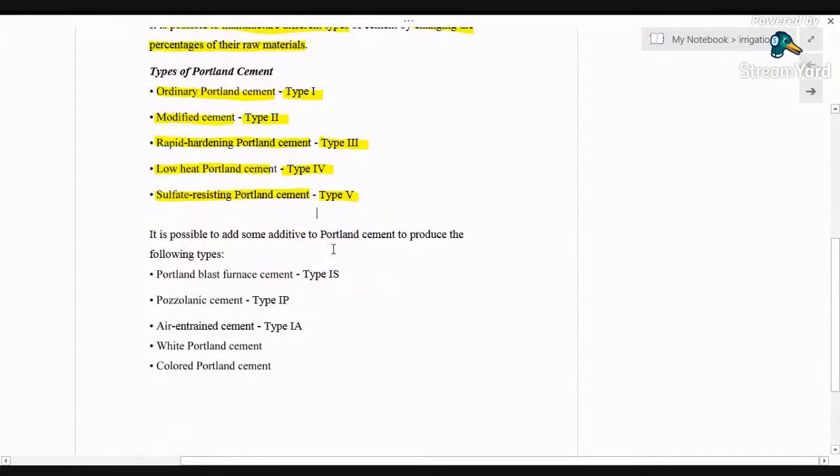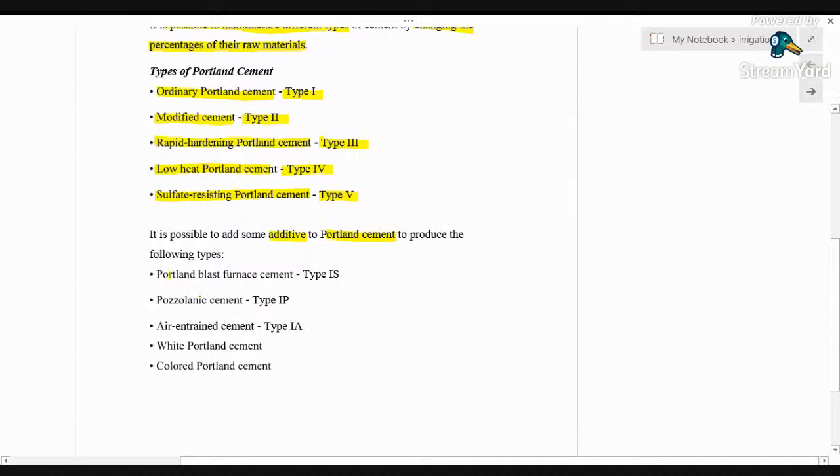If you add some additive or ingredient to the Portland cement, then you can also generate different types of Portland cement. Additives means we can add some blast furnace slag or some amount of pozzolanic compound, so we can generate different types of Portland cement.